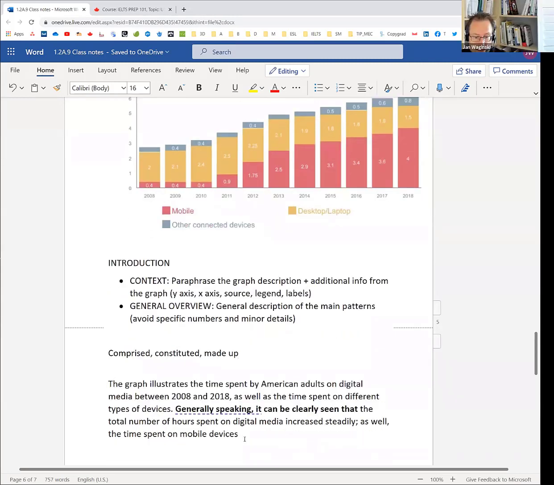As well, the time spent on mobile devices comprised an increasing share of time spent on digital media every day.